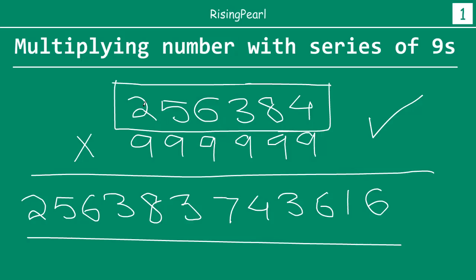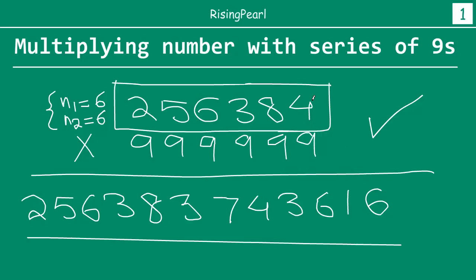If you look closely, the number of digits n1 here is how many? 1, 2, 3, 4, 5, 6. There are 6 digits. And how many is n2? n2 is 1, 2, 3, 4, 5, 6. So I actually took n1 equals n2, meaning I wanted to have the same number of digits in the random number and the same number of digits in the 9s.